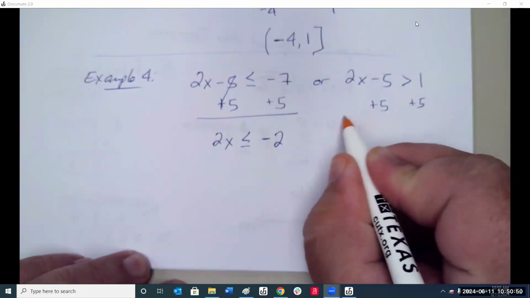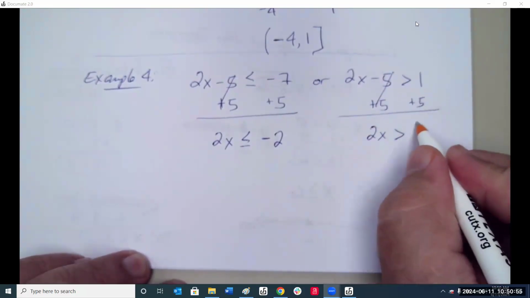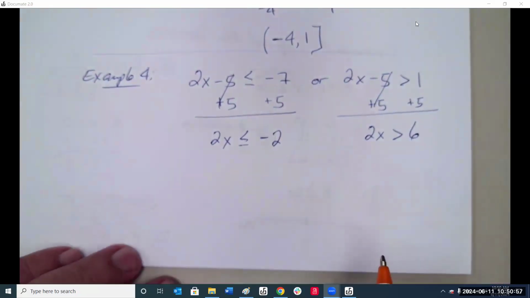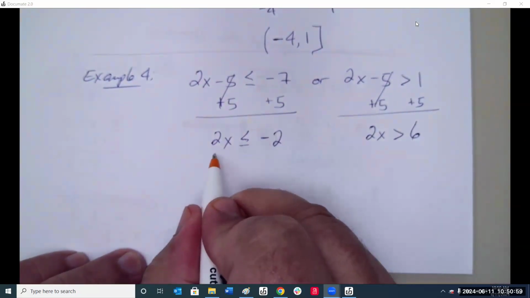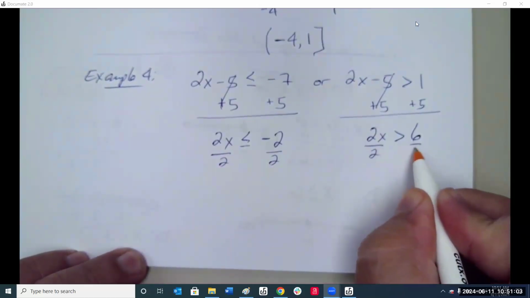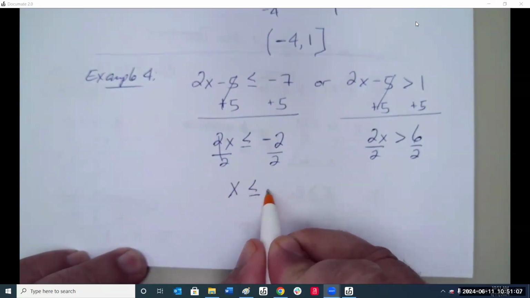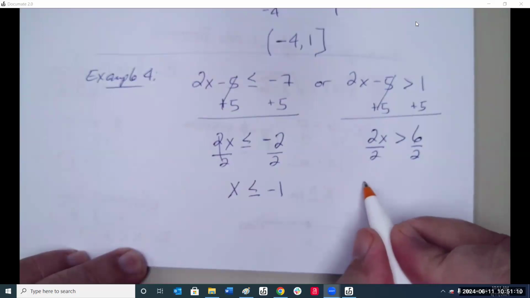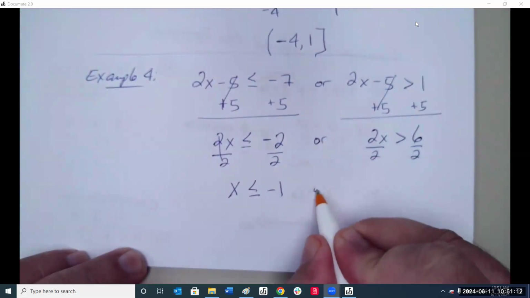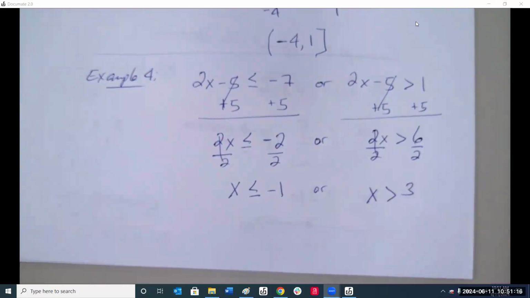Add 5. 2x is greater than 6. Divide by 2 across the board. So x is less than or equal to negative 1, or x is greater than 3.